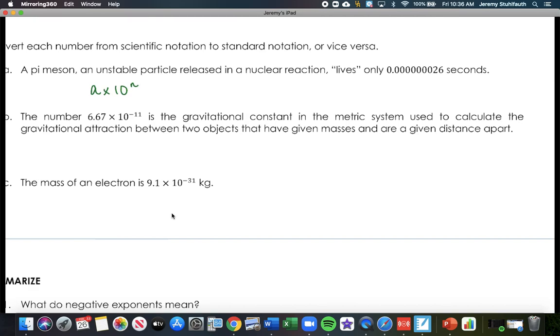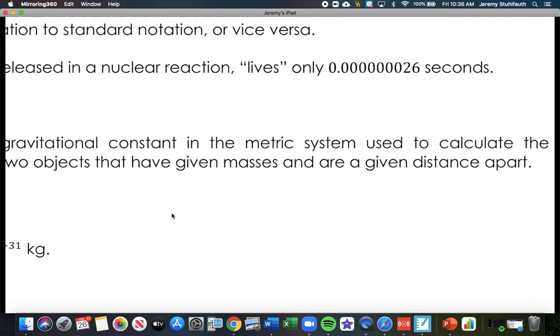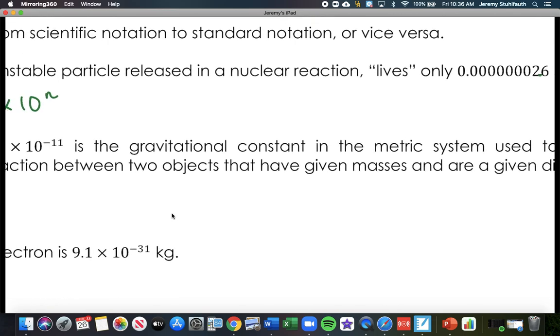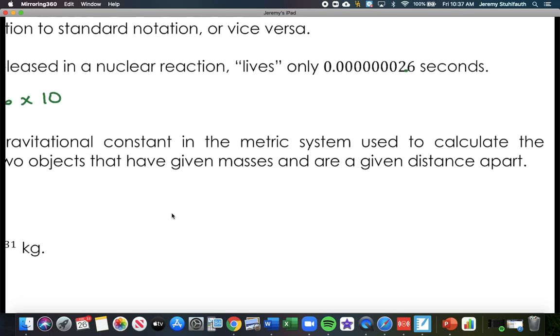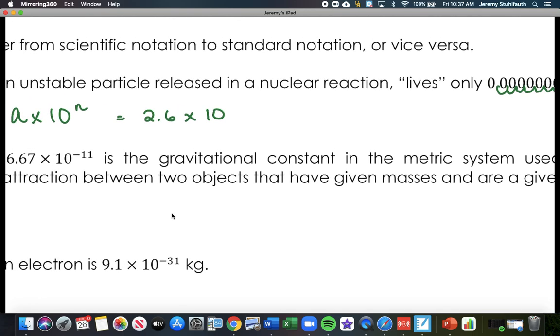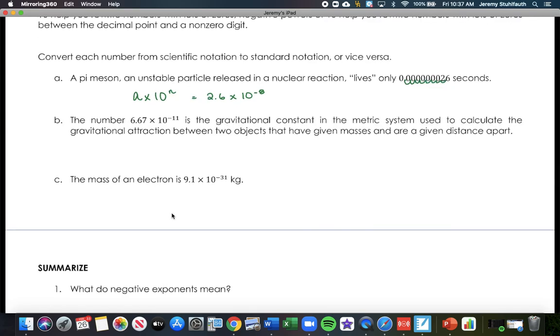A has to be between 1 and 10, so we would need 2.6. So we'd have 2.6 times 10, and then we would want to move the decimal back 1, 2, 3, 4, 5, 6, 7, 8 spots. So we'd have 2.6 times 10 to the negative 8th power.